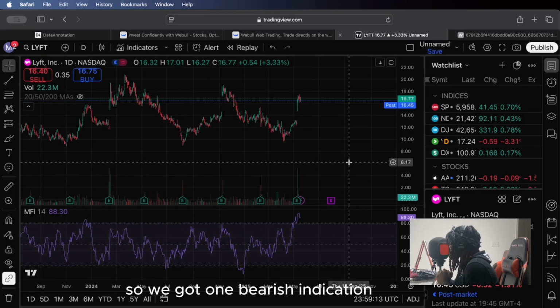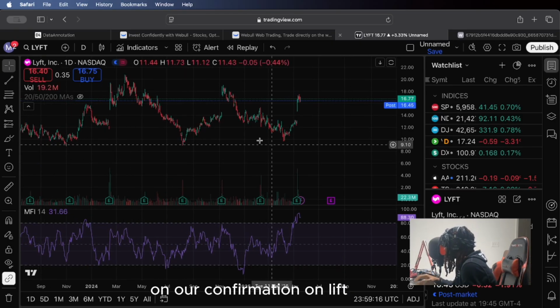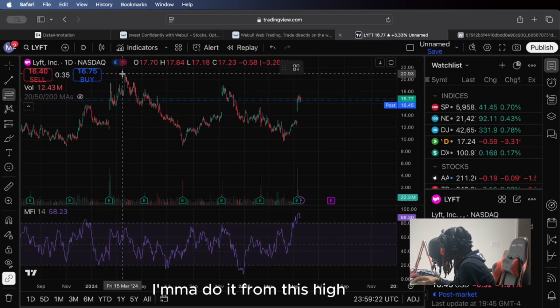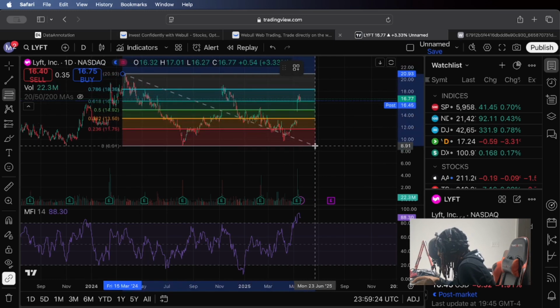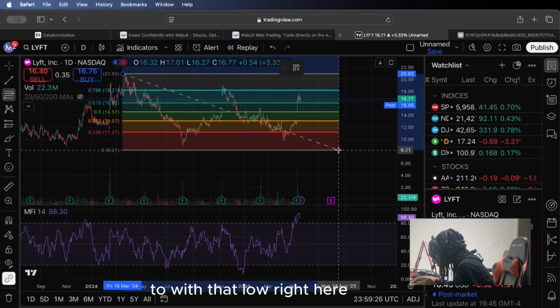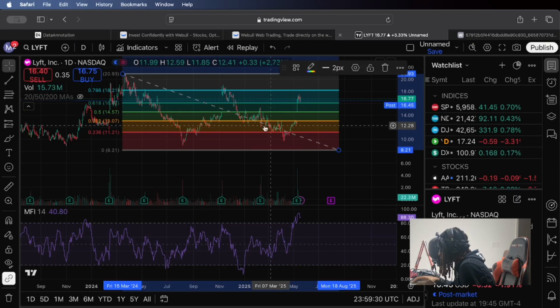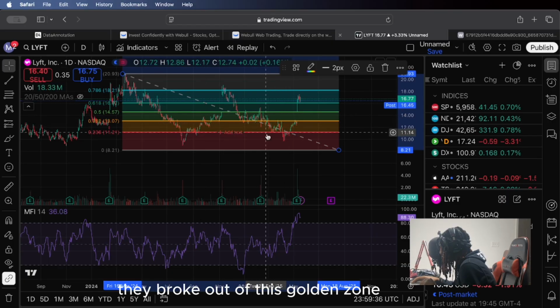So we got one bearish confirmation on Lyft. I'm gonna add my fib on here. I'm gonna do it from this high to that low right here. So they broke out of this golden zone.